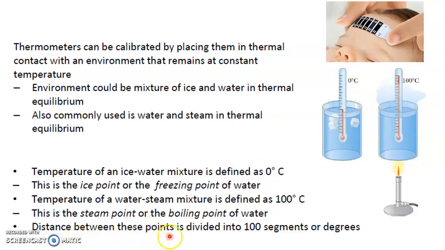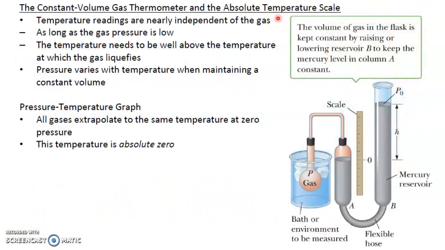The distance between these 2 points is divided into 100 segments or 100 degrees. We have seen how the Celsius temperature scale is related to the freezing point and boiling point of water. Now we will take a look at the absolute temperature scale. For this purpose, we will be using the constant volume gas thermometer.